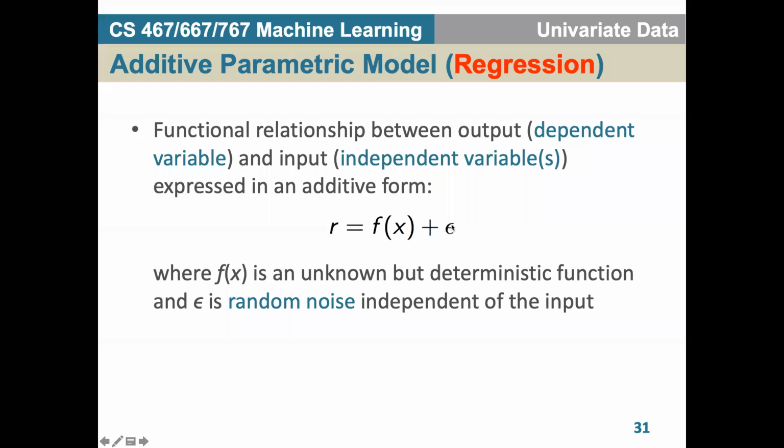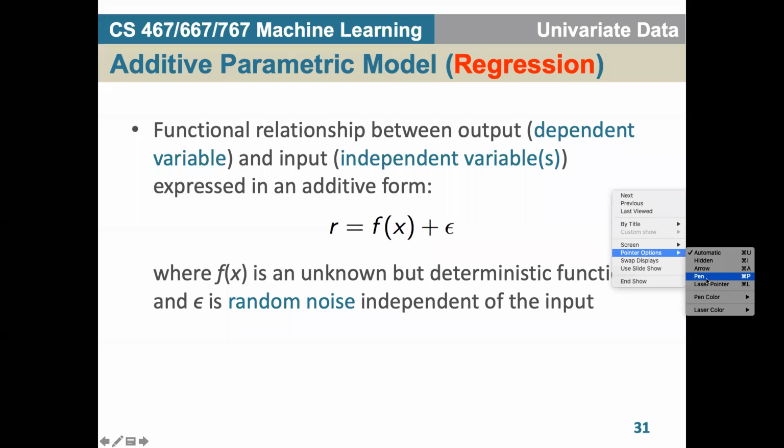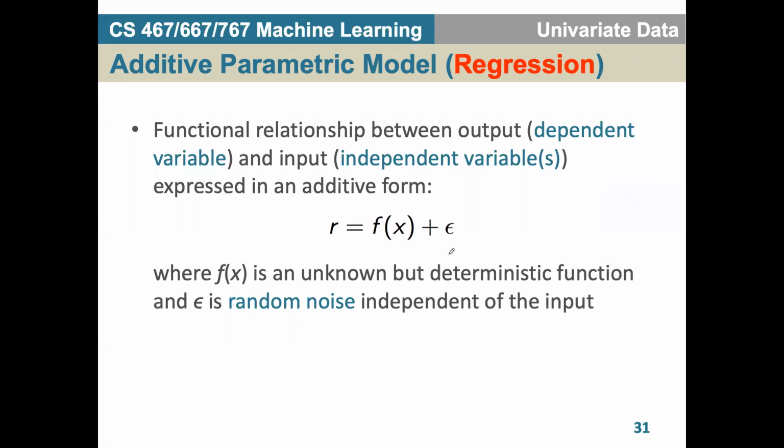So this epsilon conforms to a Gaussian noise with mean 0 and variance sigma squared. Now if you add f(x), the whole thing R should belong to what? Because it's unbiased, this will be a Gaussian with mean f(x) and variance sigma squared. I think this is pretty intuitive to you guys.